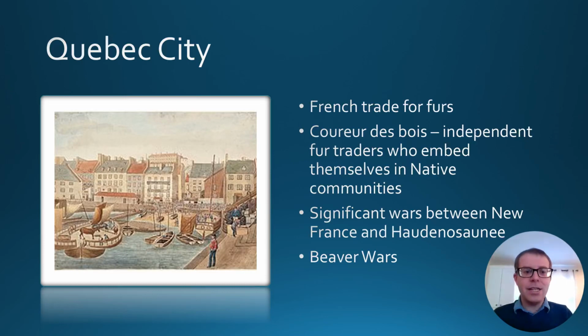And the Haudenosaunee was actually much stronger than New France, and began a series of raids against the settlements around Quebec City that are quite successful and constantly result in French losses.